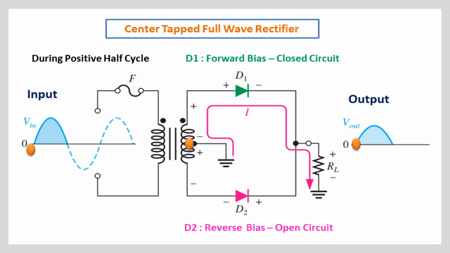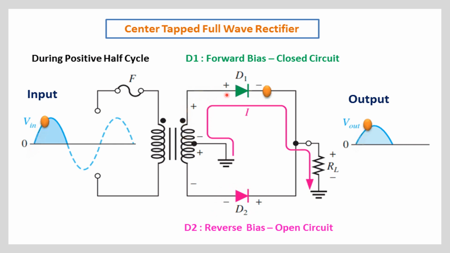Now let us see what happens during the positive half cycle. Diode D1 is forward biased, that is, a closed circuit, and diode D2 is reverse biased, that is, an open circuit, so no current flows through D2.